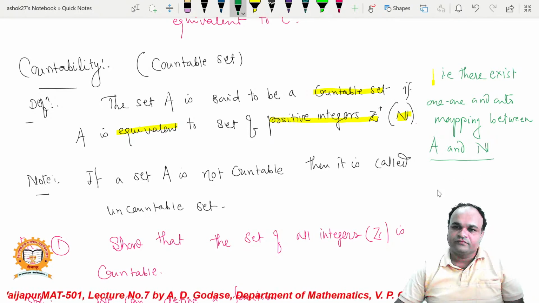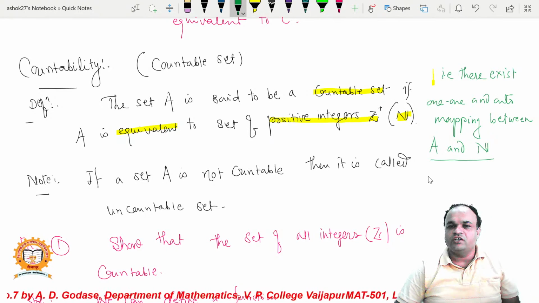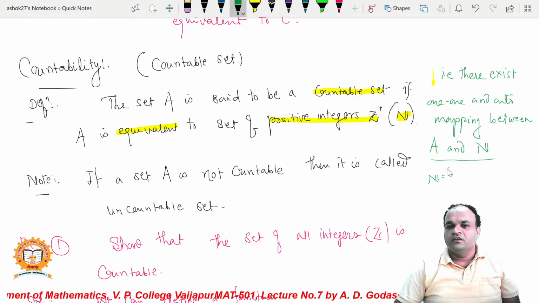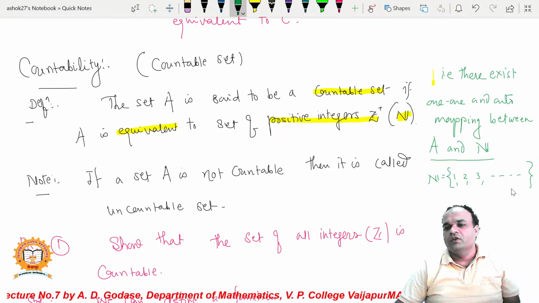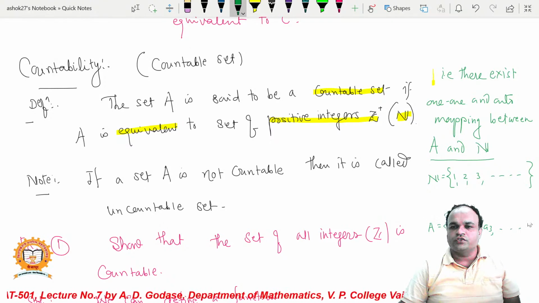It means that if you consider the set of natural numbers, it is 1, 2, 3, and it goes to infinity. Suppose set A is A1, A2, A3, and it goes to infinity.